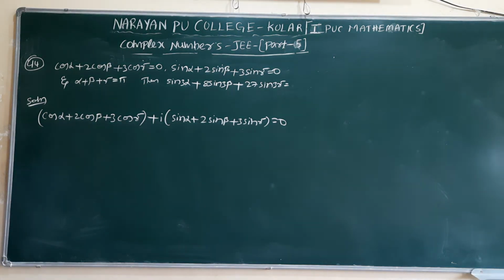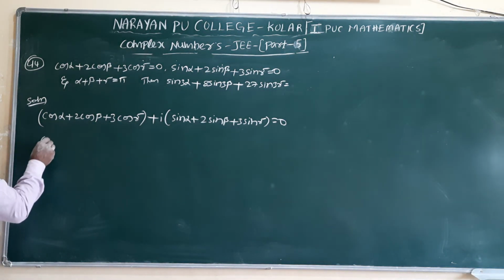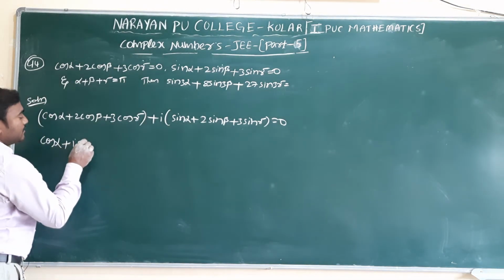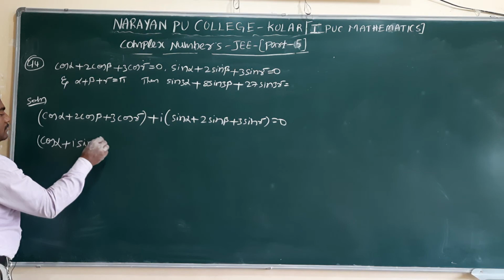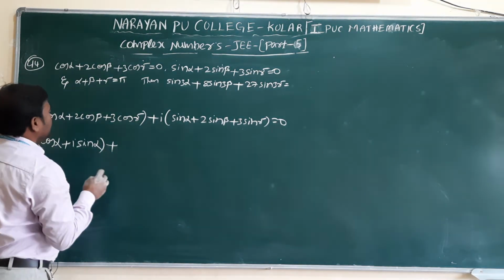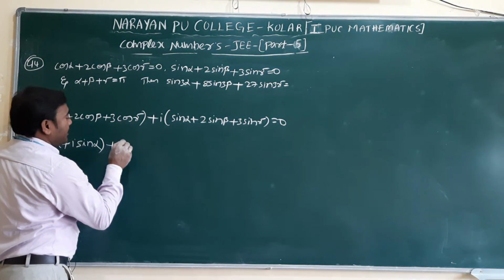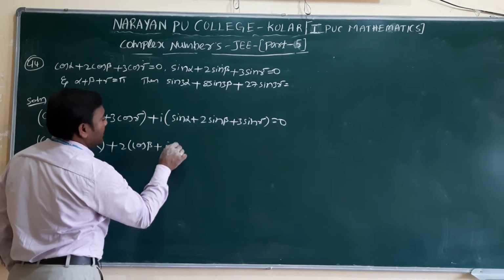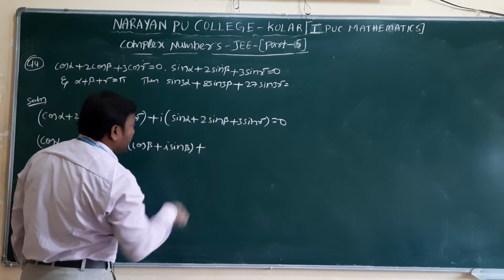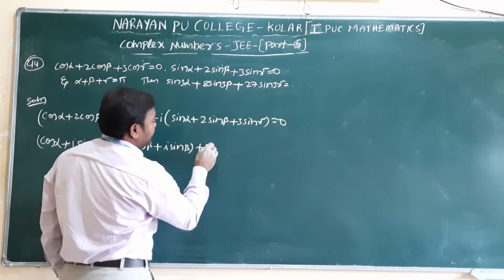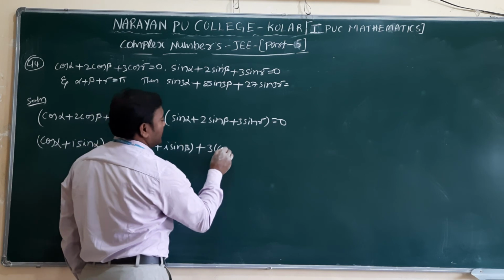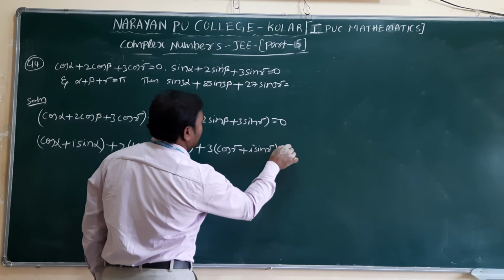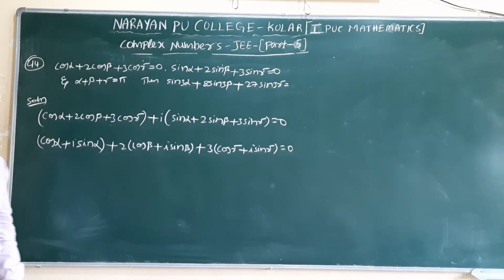Here, cos alpha plus i sin alpha plus, we have to take 2 common in both, so we get 2 into cos beta plus i sin beta, plus 3 common, remaining cos gamma plus i sin gamma is equal to 0.